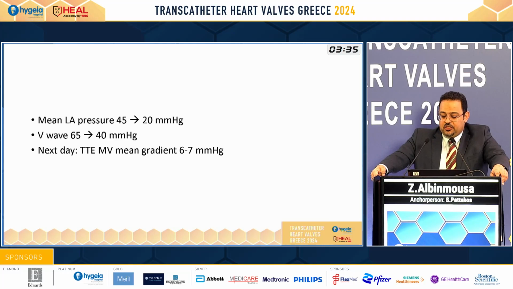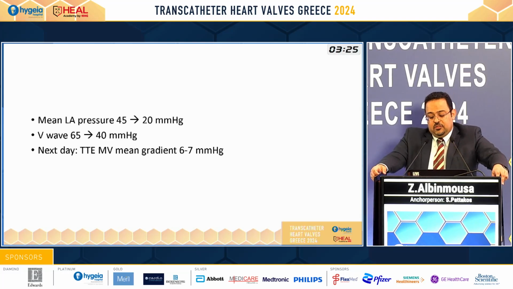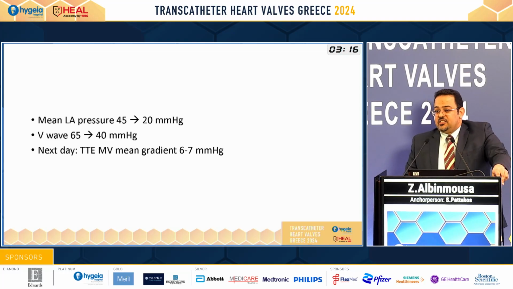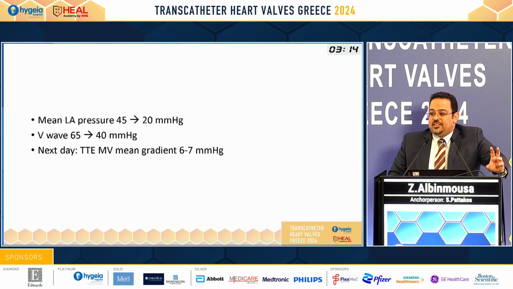The mean LA pressure dropped from 45 to 20, and the V wave from 65 to 40. On the next day transthoracic echo, the mitral valve mean gradient remained the same, 6 to 7, with the same degree of MR. So we thought it's a reasonably good result, considering all the circumstances and conditions the patient has.